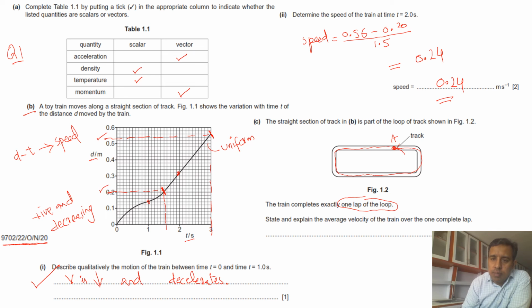If the total displacement is 0, then the average velocity is 0, because the total displacement is zero.